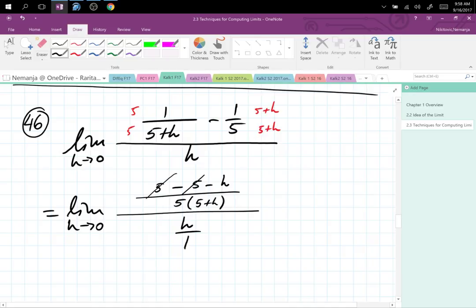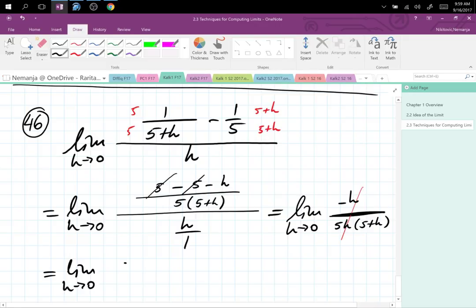And now you have a double fraction. Two that are far apart multiply in the numerator, which leaves you with minus h. And two that are close by multiply into the denominator. And then this h dies. So you are left with the limit h goes to 0 of minus 1 over 5 plus h.